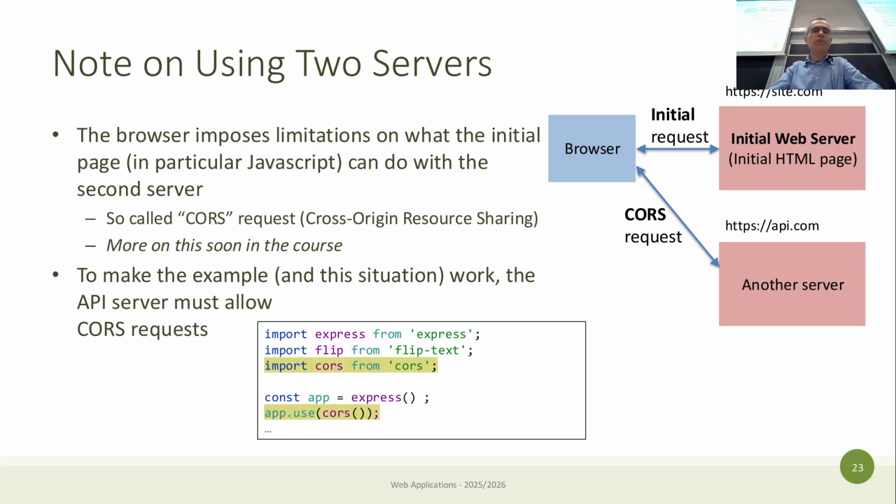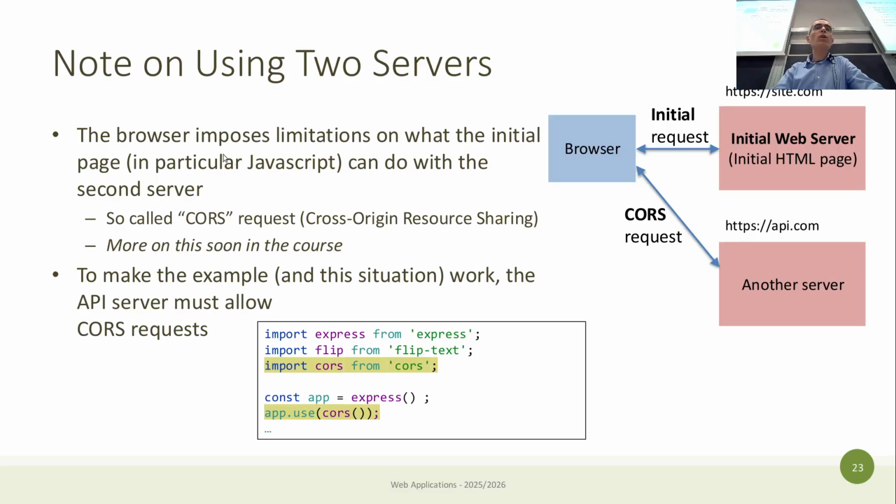And actually we are using two web servers, and that's a problem. We will discuss this problem in more detail next Monday, okay? This is called CORS, and we will see what it means.